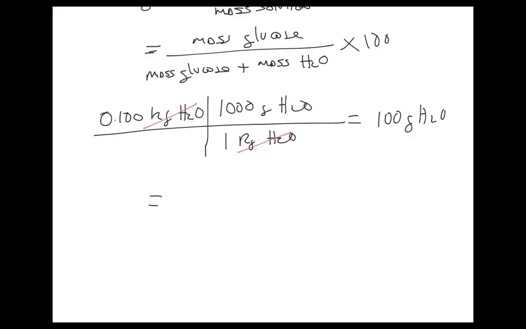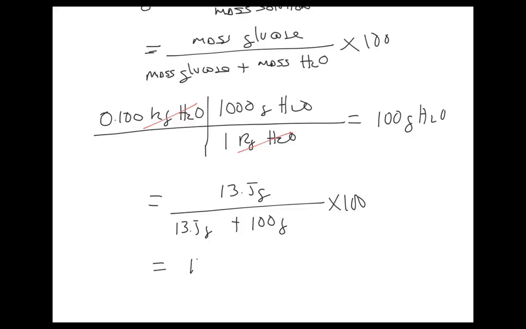The mass of glucose is 13.5 grams, so 13.5 grams of glucose divided by 13.5 grams of glucose plus 100 grams of water, times 100. And this will be equal to 11.9% of glucose. So this is the mass percentage of glucose.